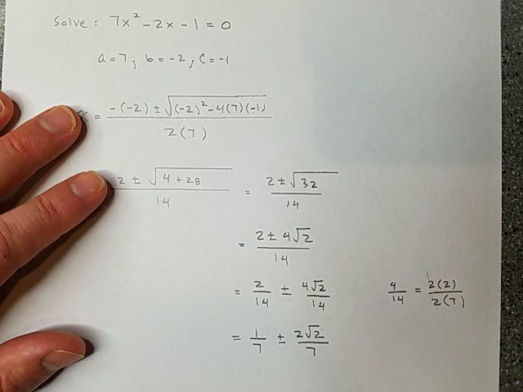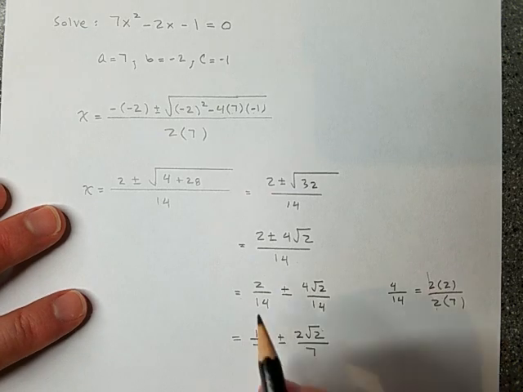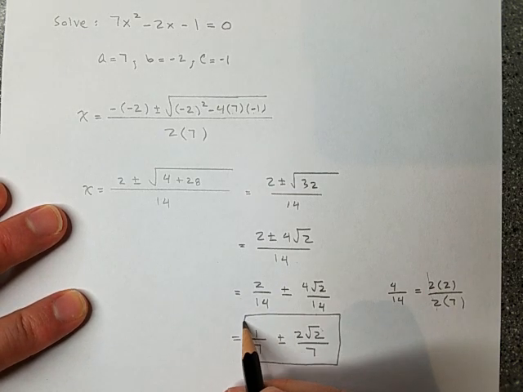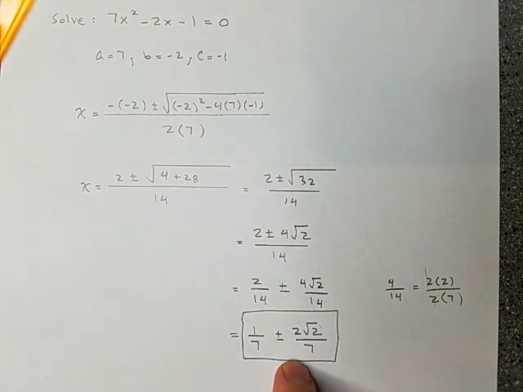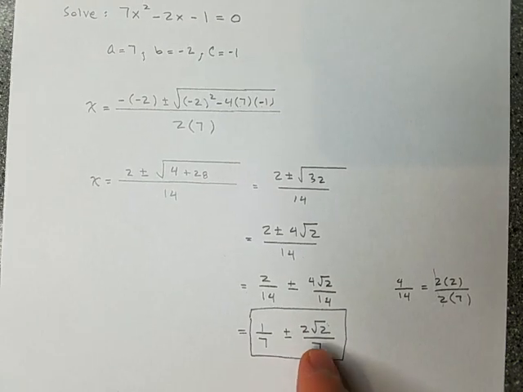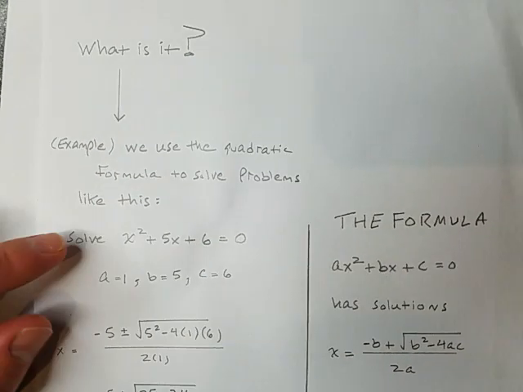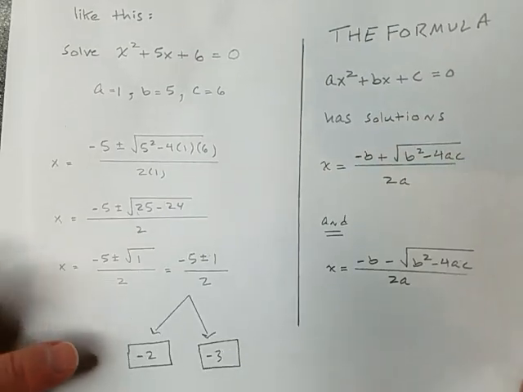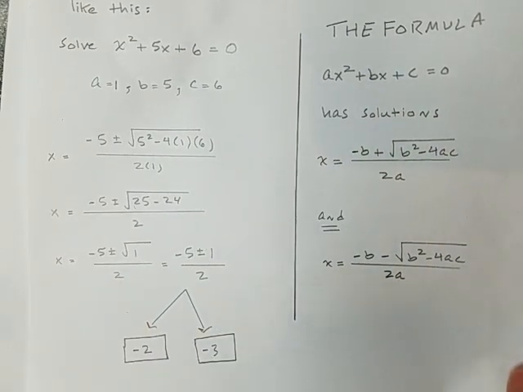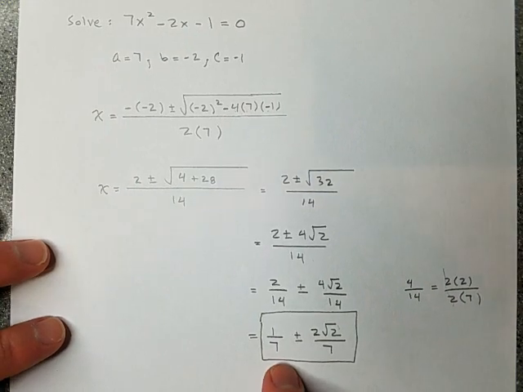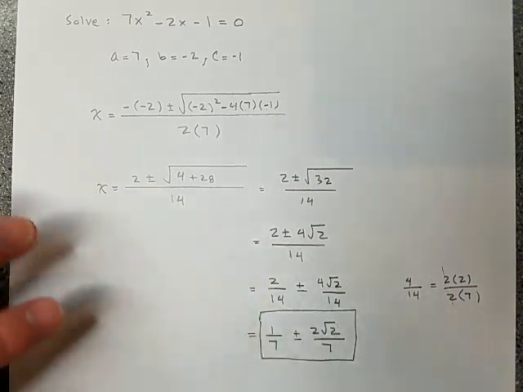Now, you could give your answer this way if you want to. That's a complicated answer. It doesn't get any simpler than that, though. That's as simple as that answer is going to be. It's not quite like the first problem we did, where the answers to that equation were -2 and -3. Nice round numbers. This is the best we're going to do on this one. Okay? So you can give your answer like that.